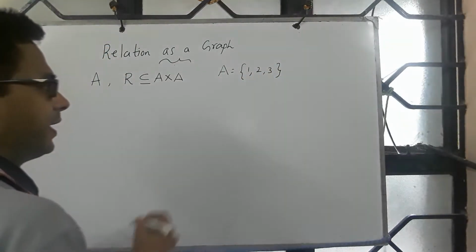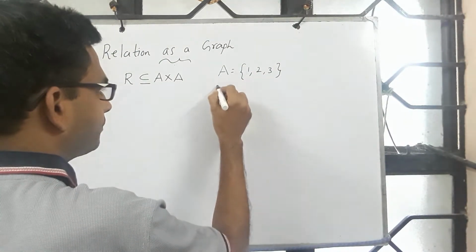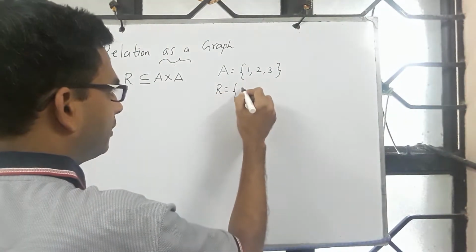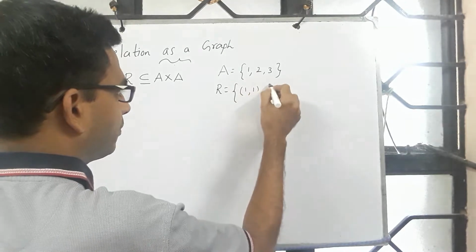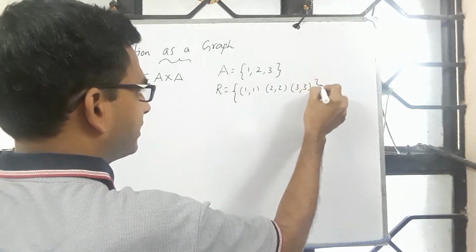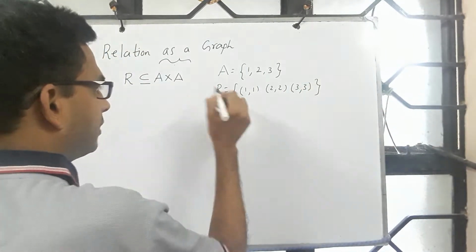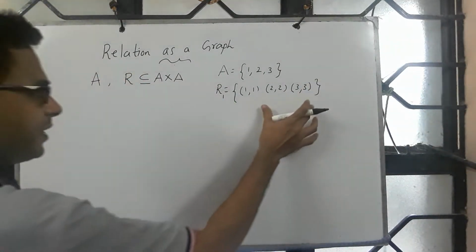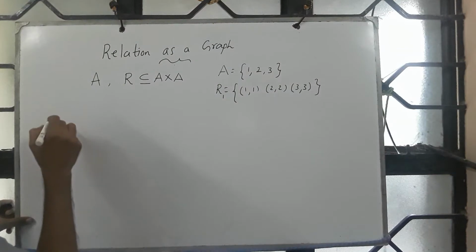So let's take A to be {1, 2, 3} and say R to be {(1, 1), (2, 2), (3, 3)}. It could be any relation, and suppose this is my binary relation defined on A. The graph theoretic model is defined as follows.